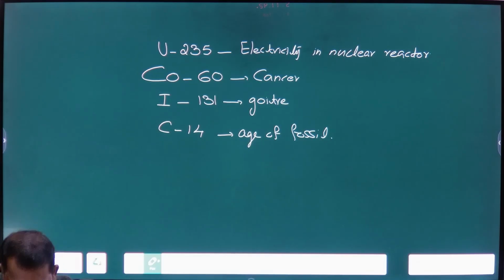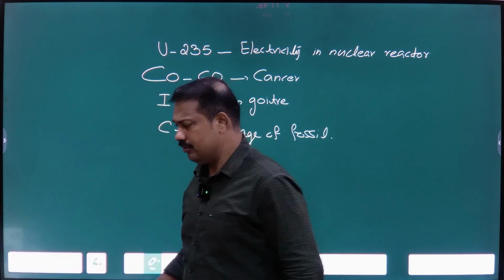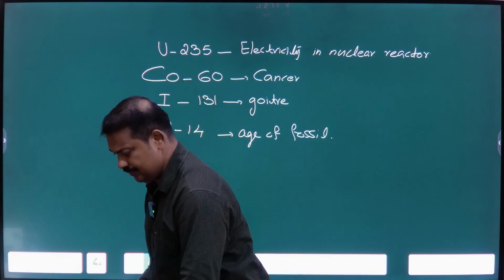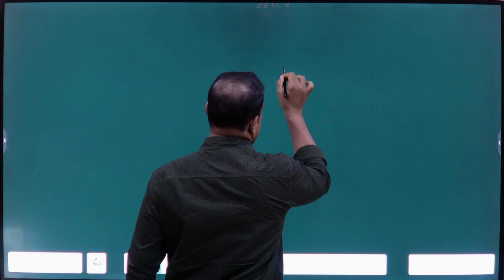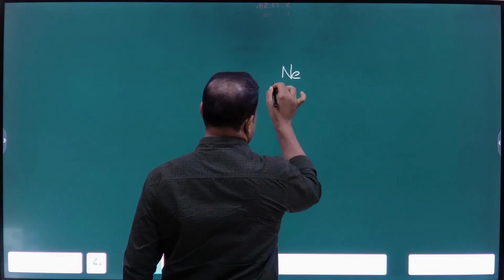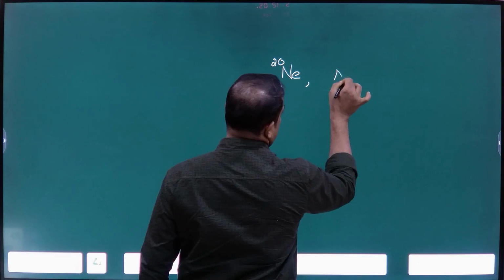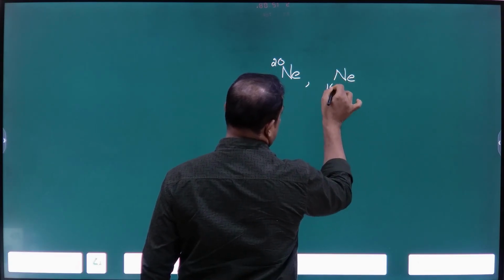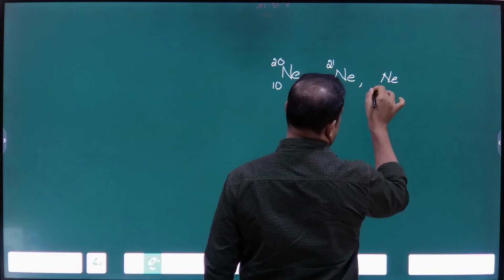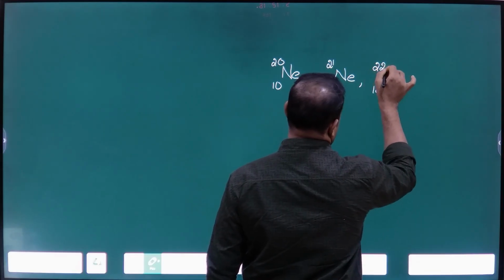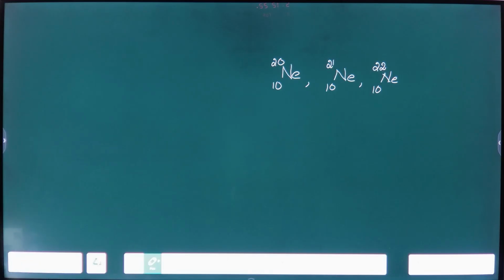So the different isotopes of neon are Ne-20, Ne-21 or Ne-22. These are the different isotopes of neon.